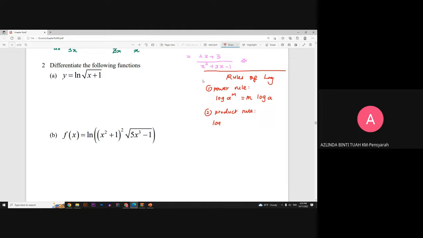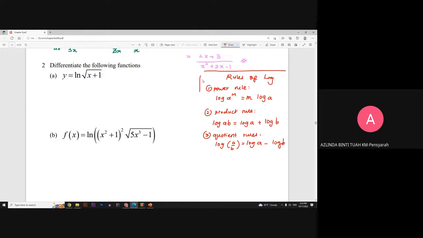When we have log AB, we're going to break it into log A plus log B. One more is the quotient rule. Okay, these are the top 3 rules we will commonly use later. Log A over B equals log A minus log B.